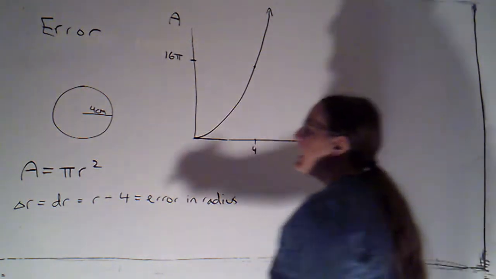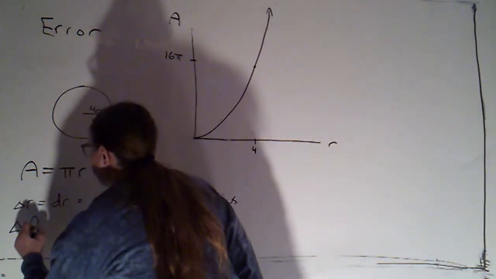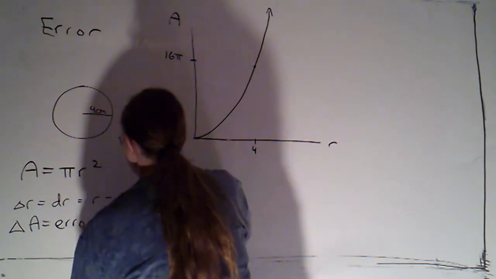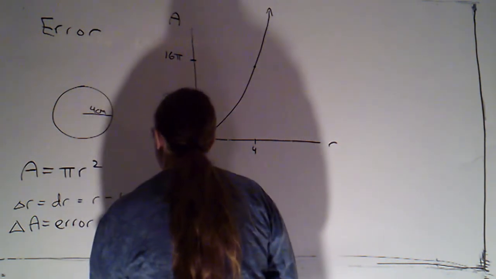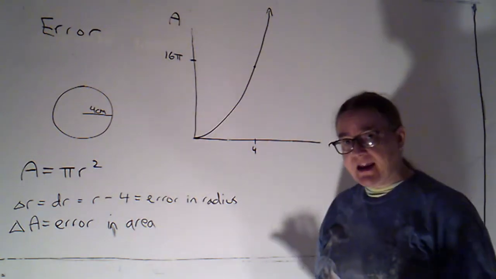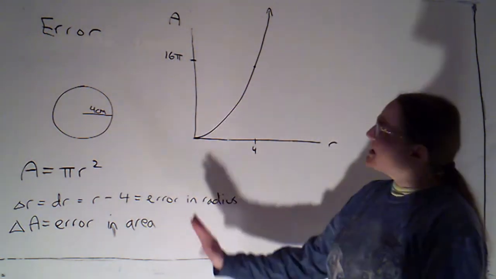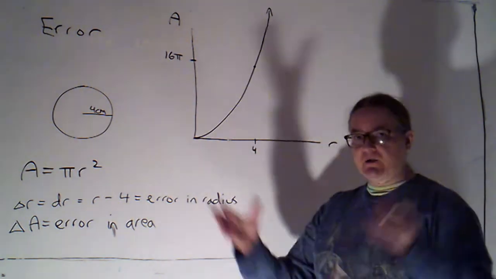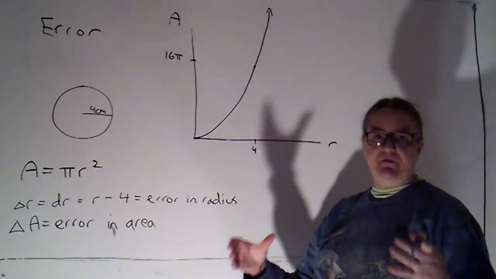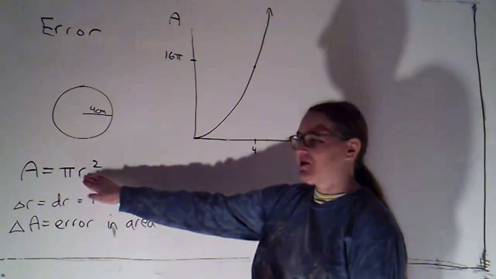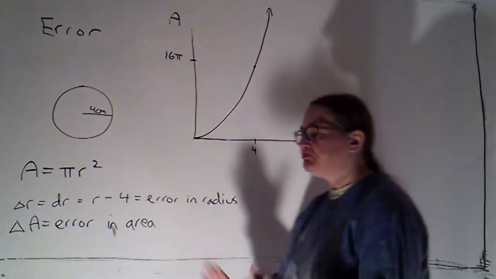Delta A then would be the error in the area. If they measure the radius wrong, they're going to get the wrong area. We are suspending our disbelief a little bit and supposing that they do manage to get something perfectly round, so this will still hold, just with whatever radius they've measured.